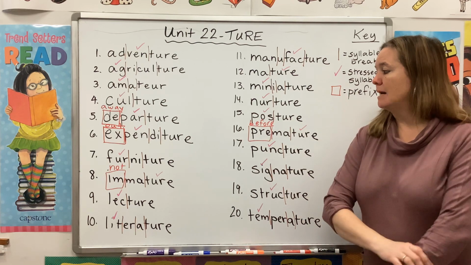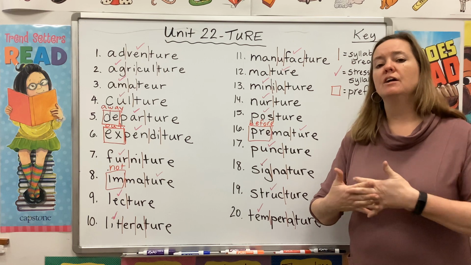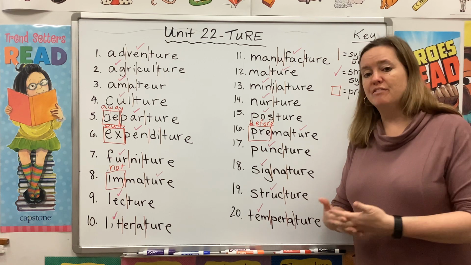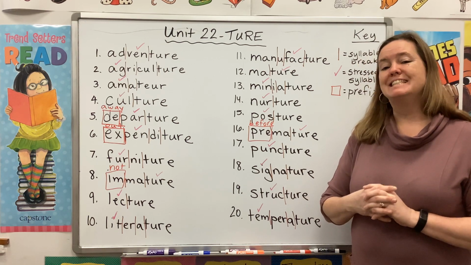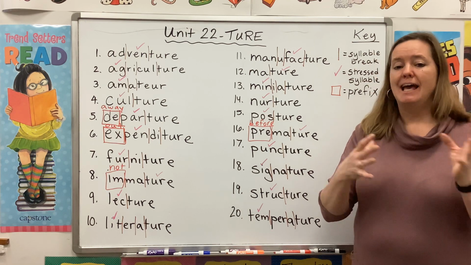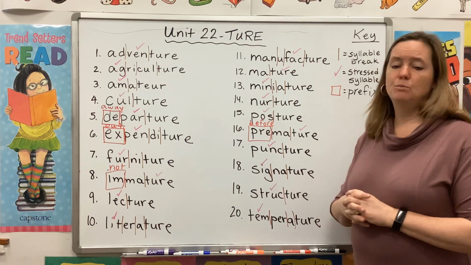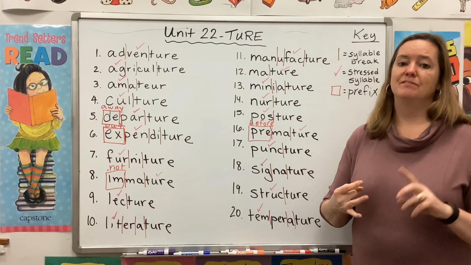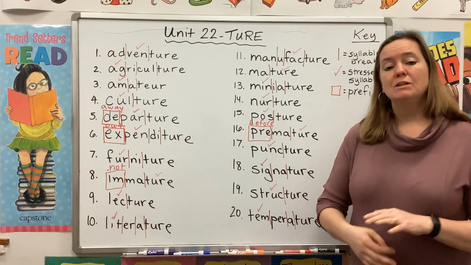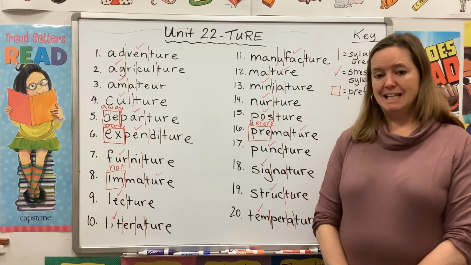In other examples, we're going to have nouns, but it'll be trickier to find a verb hiding in there because these words will be formed by taking a Latin root and adding the TURE ending to it. We will also see a few words this week that are adjectives and verbs, but we'll talk about that more in a minute. Right now, I'd like to read the list.